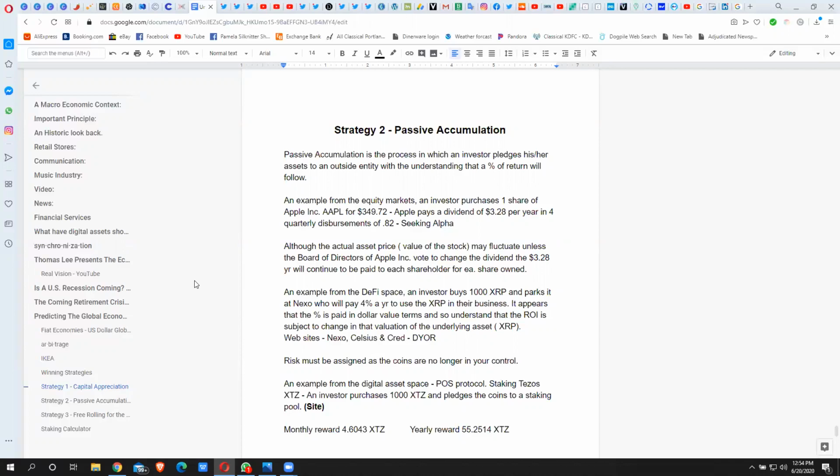An example from the equity markets is an investor purchases 1 share of Apple stock for $349.72. That was Friday's closing price. Apple pays a dividend of $3.28 per year in 4 quarterly disbursements of 82 cents each.